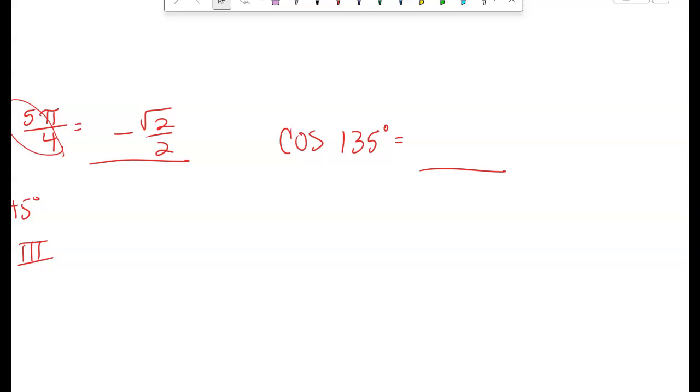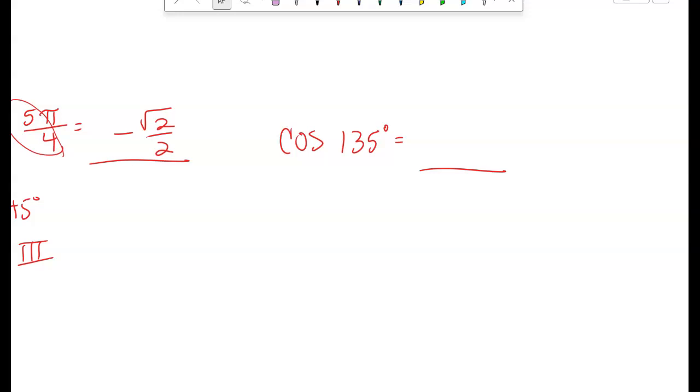I'm actually asking for the cosine. Close. Guys, you're doing good with the reference angle, but you're not doing good with the quadrant it's in. So let's make sure we got that. Good, it's amazing how you got that.